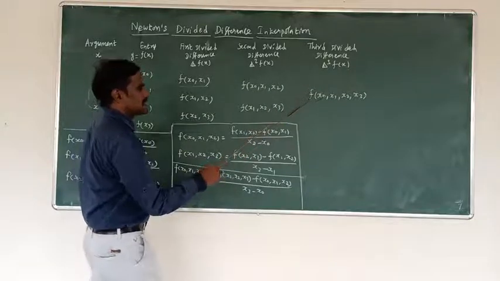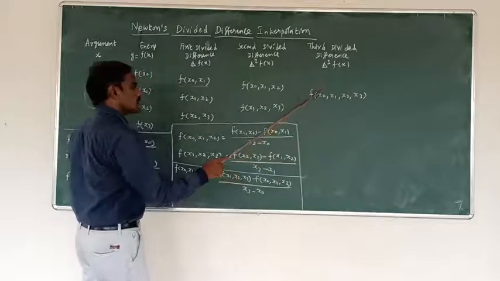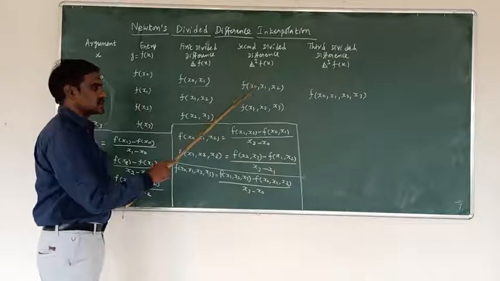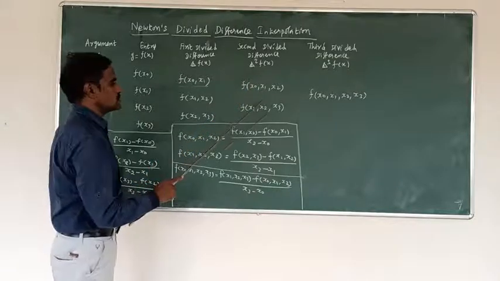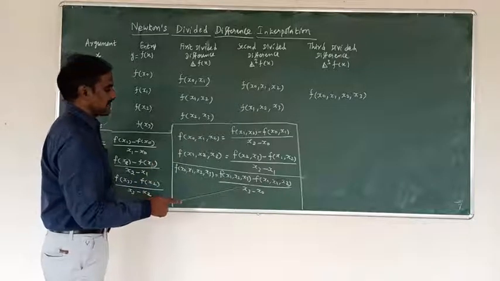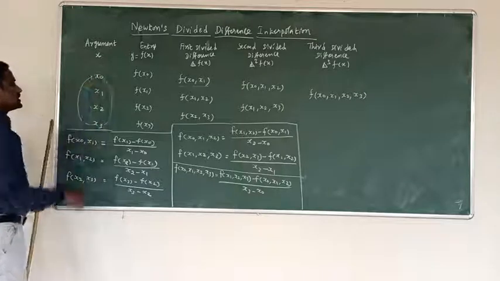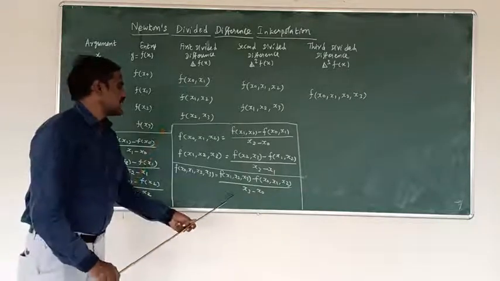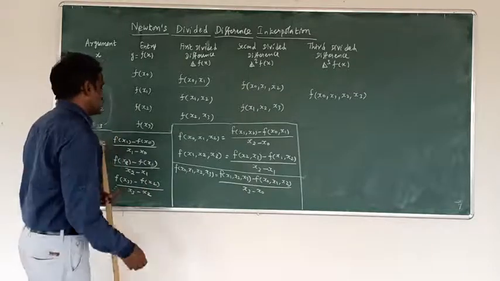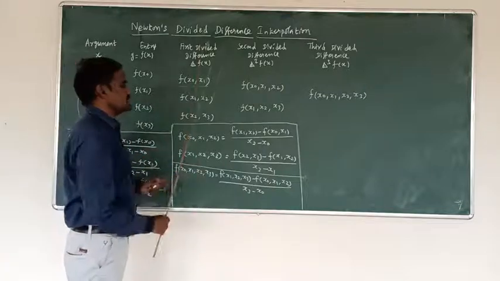The formula f of x0, x1, x2, x3: the difference between these two, that is f of x1, x2, x3 minus f of x0, x1, x2 divided by x3 minus x0. This is the formula for Newton's divided difference.